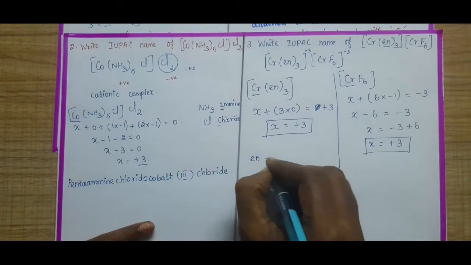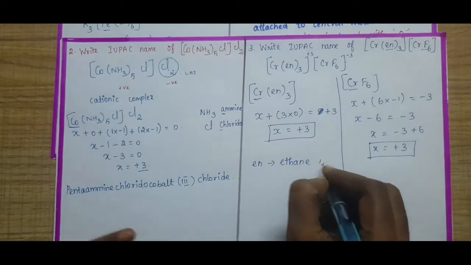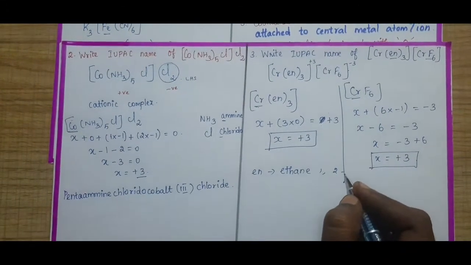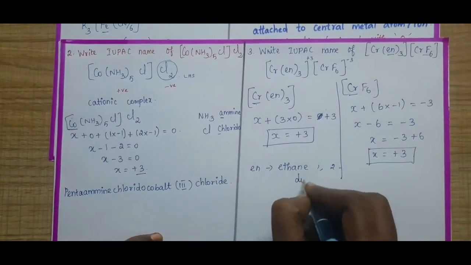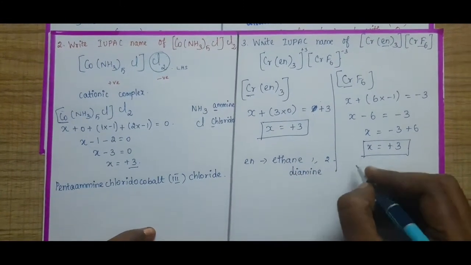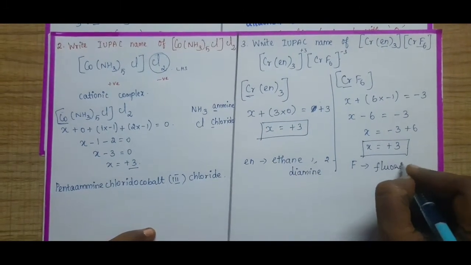So en should be mentioned as ethane-1,2-diamine. This is the IUPAC name of en. And for fluorine F, we have to name it as fluorido.